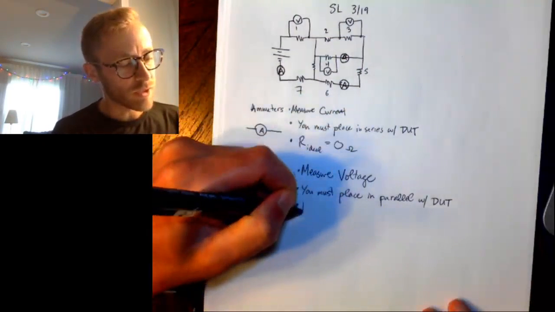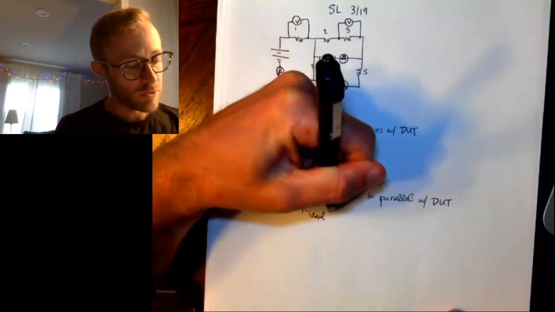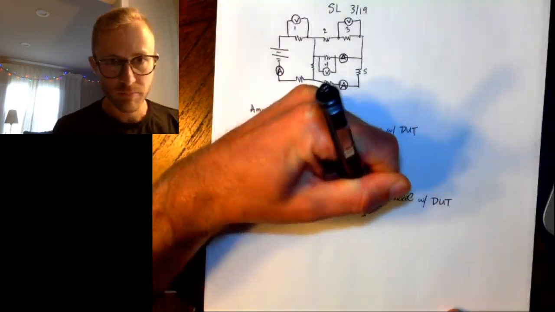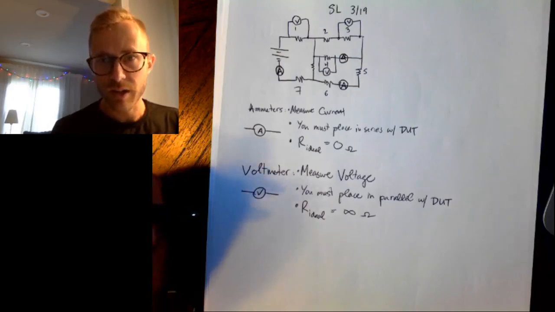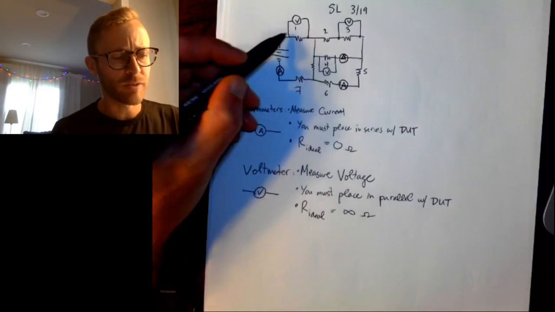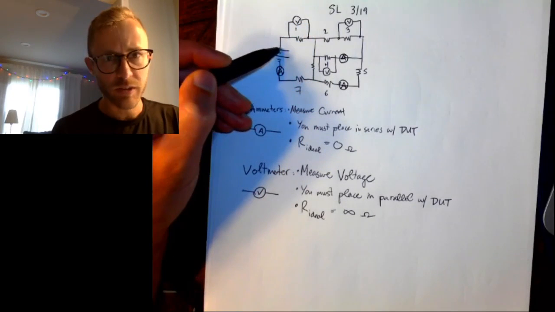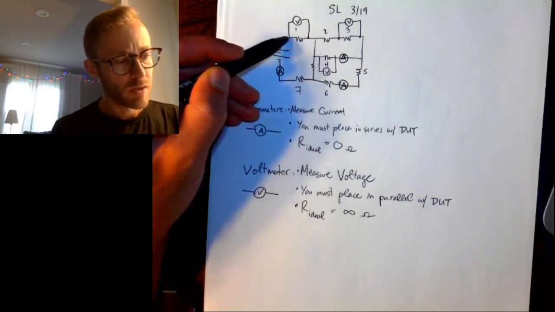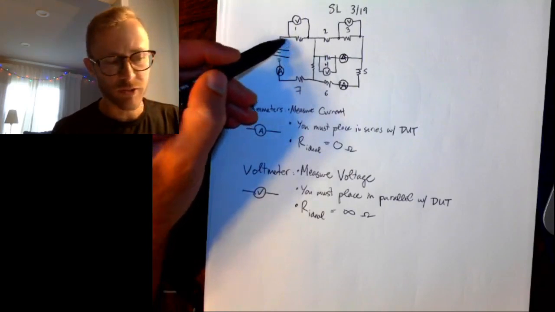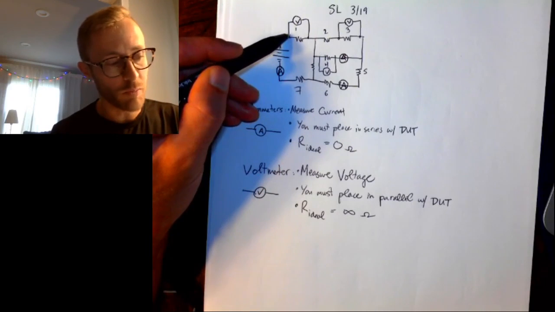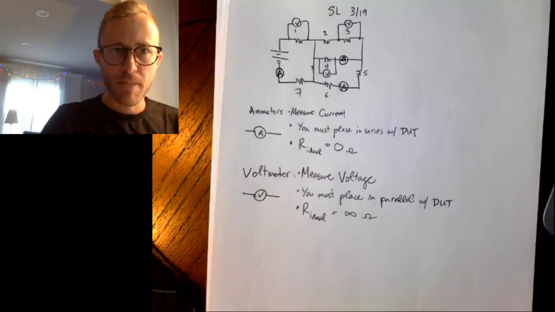The resistance of an ideal voltmeter is infinity ohms. Infinity ohms. Why is that? Well, you can imagine if this voltmeter doesn't have infinite ohms, then any current that comes out of the battery hits this junction, it has the option of going through the voltmeter or going through the resistor.